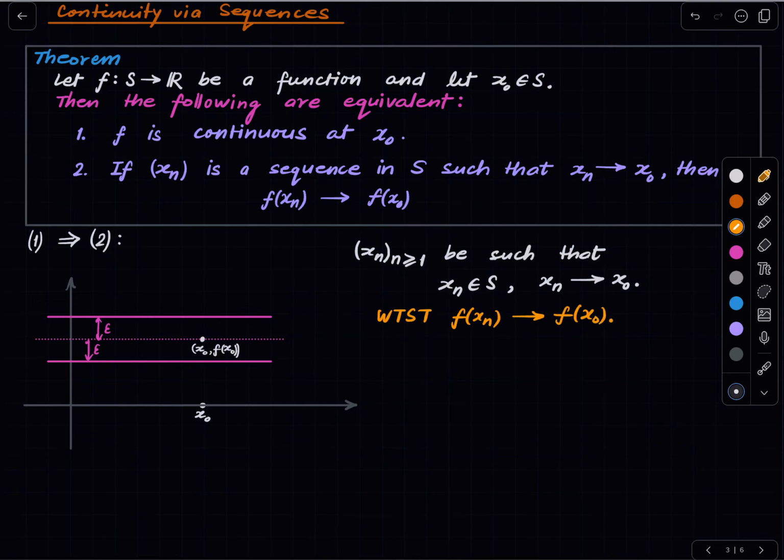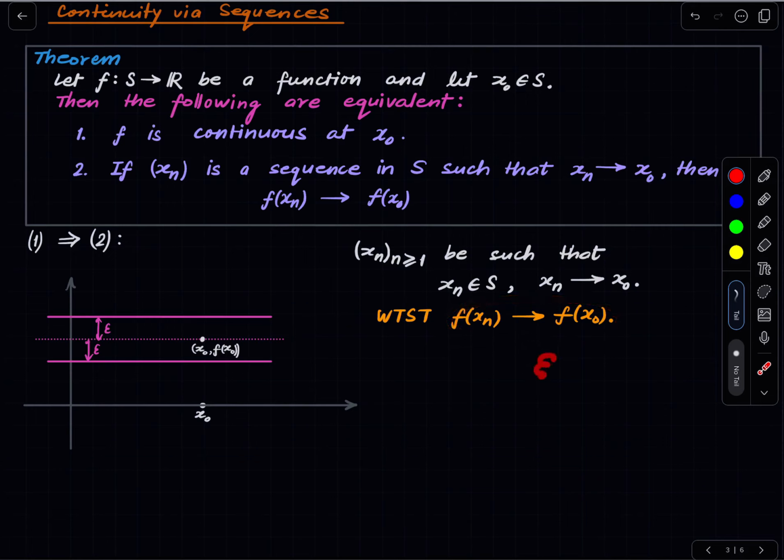Let's see why. xn converges to x0, and therefore whenever we have a delta neighborhood here, ultimately xn will reside in the delta neighborhood of x0. So we know that. But to prove this, what do we need to do?